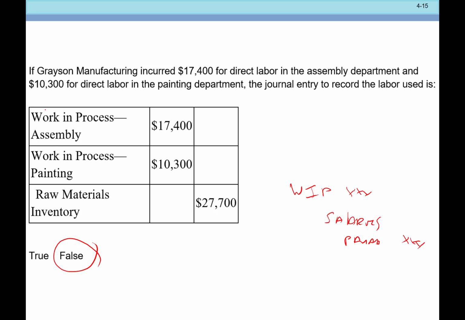No. I agree with the debits to the work in process for the labor, but we would credit salaries payable. Now, if they had told me this was paint and materials, then I would credit raw materials and debit the work in process assembly, right?